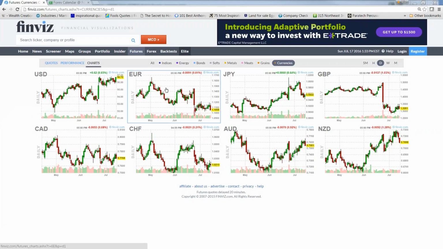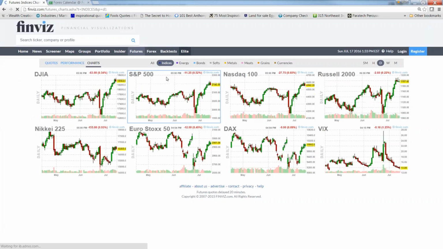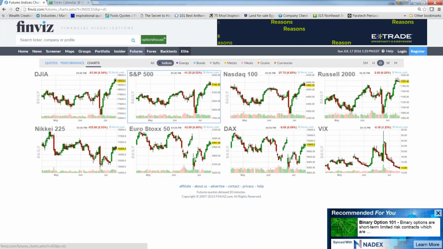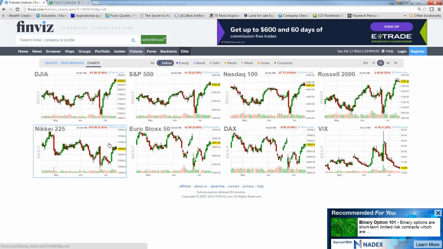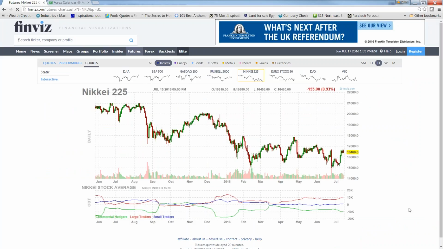If we look at the stock indices, again, this is important because it gives us an understanding of which way the currencies will go. As you see, the Nikkei has pushed up pretty much last week, and it kind of stalled on Friday.